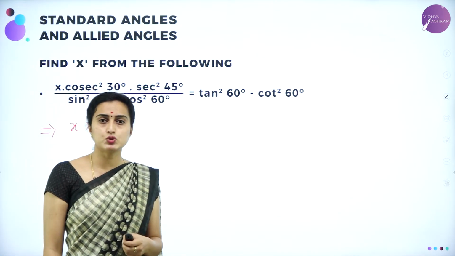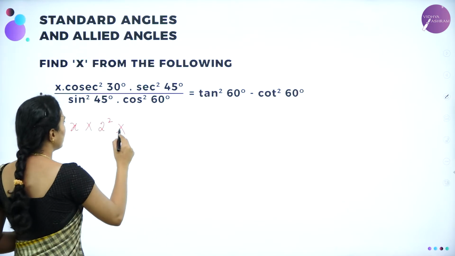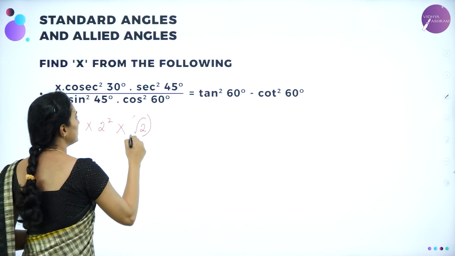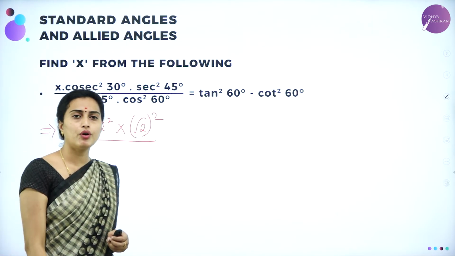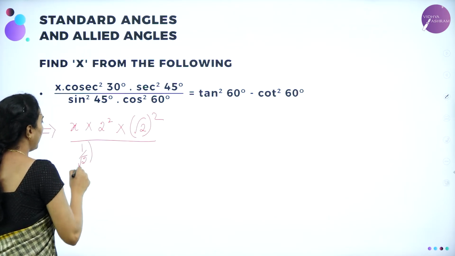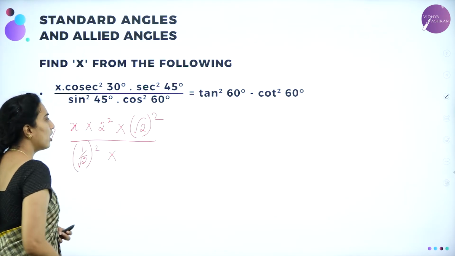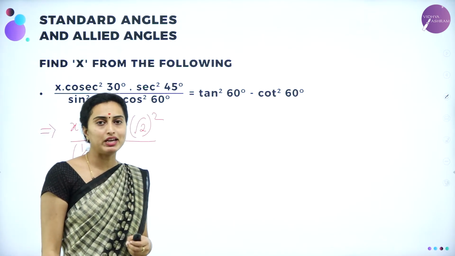Cos 45 degree is 1 by root 2. Secant 45 degree is the reciprocal, root 2. So (root 2) whole squared, since you are having secant squared here, divided by sine 45 degree. You know already it is 1 by root 2. So (1 by root 2) whole squared you are having here into cos squared 60 degree. You know already cos 60 degree is 1 by 2.